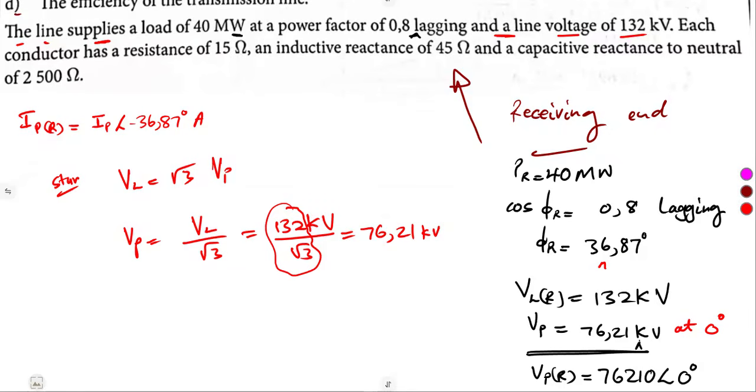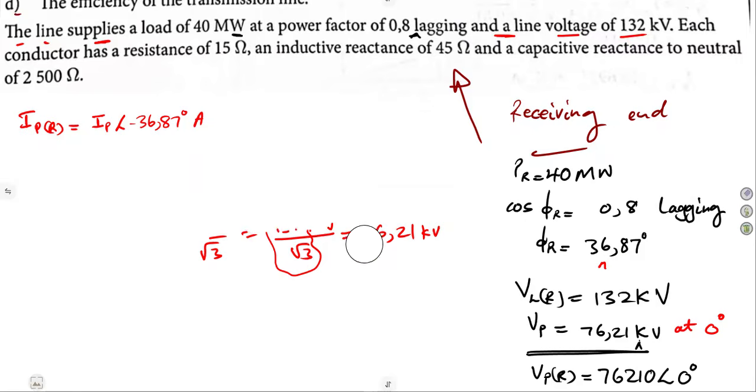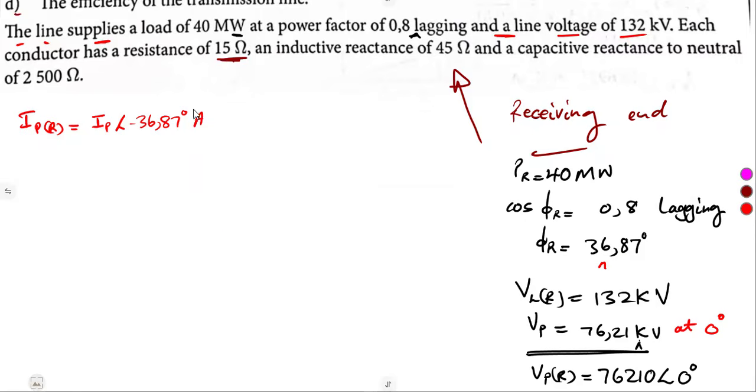So each conductor has a resistance of 15 ohms, meaning we have the total phase resistance, and also an inductive reactance. We are given inductive reactance in this case, but remember what we are dealing with.